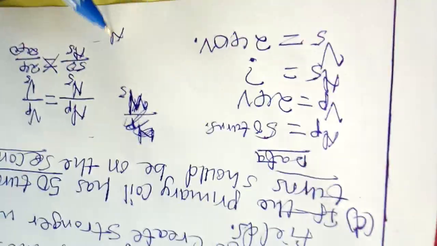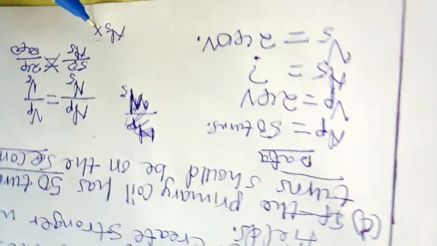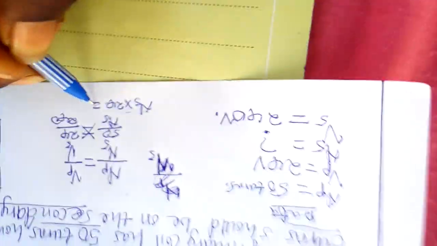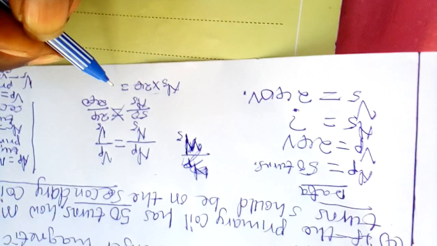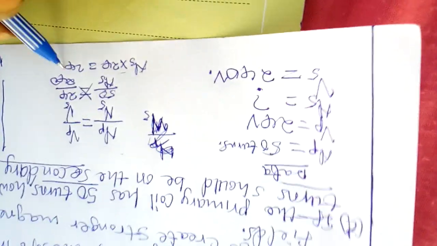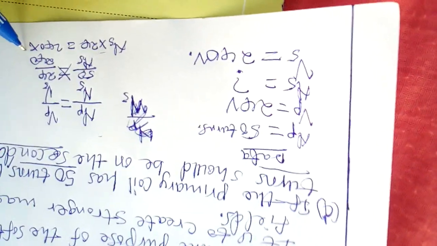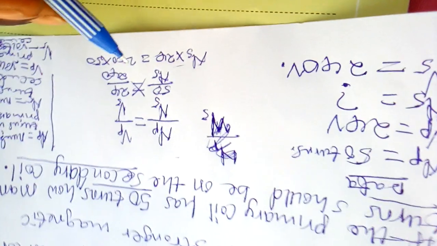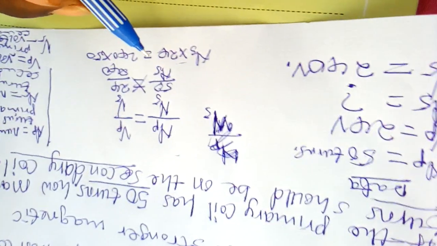Then we say NS times 24 is equal to 240 times 50.